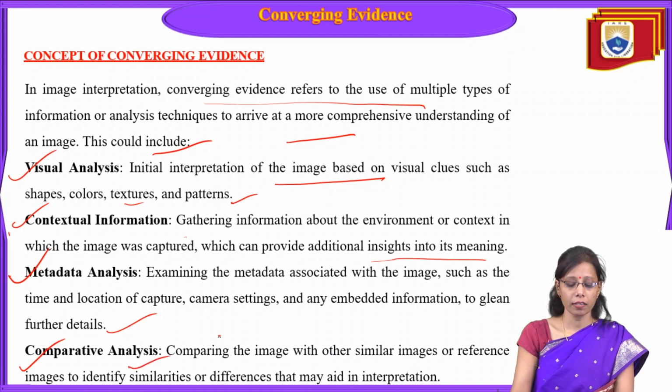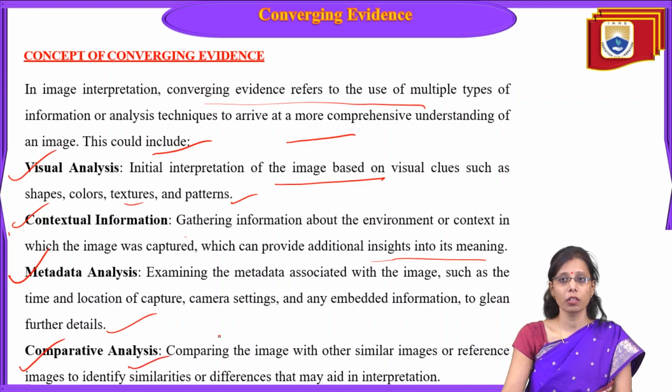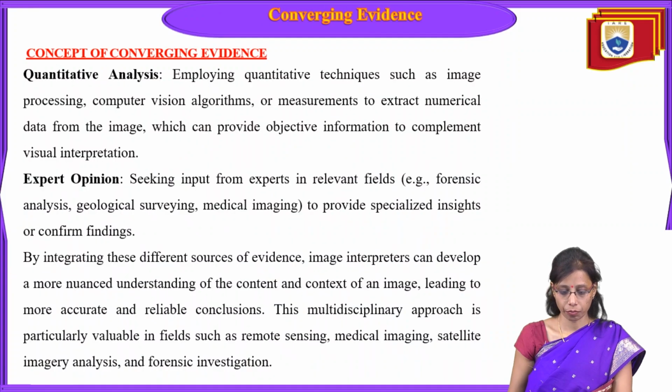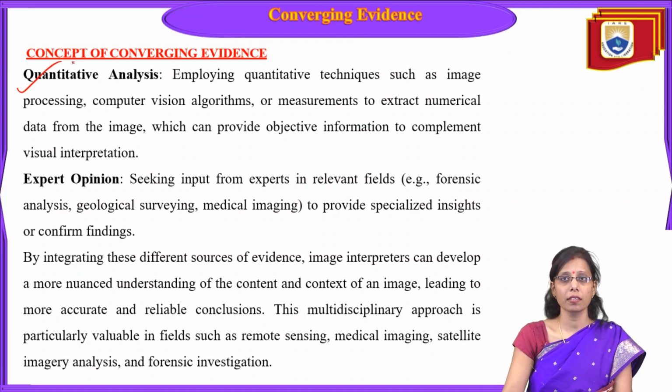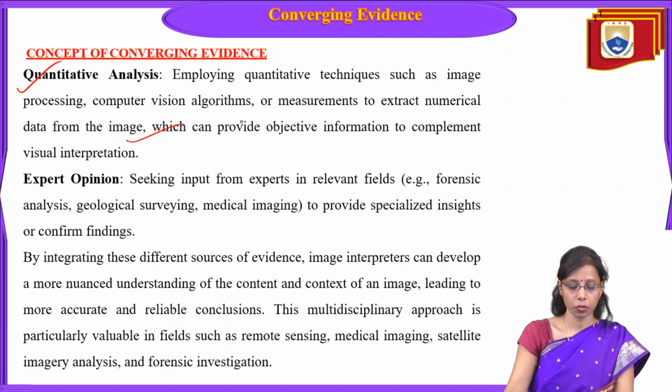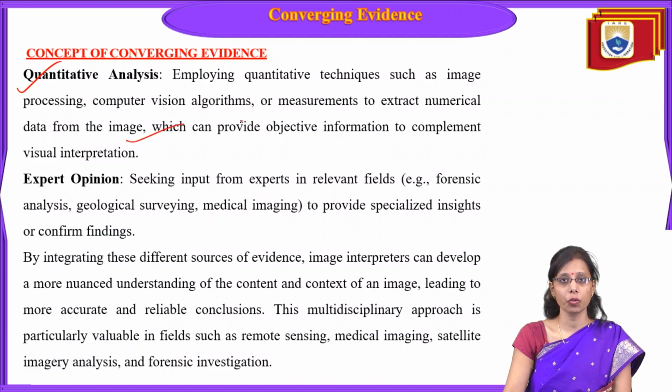Now comparative analysis is comparing the image with other similar images or references to identify similarities or differences that may aid interpretation. Next, we come to quantitative analysis. What is quantitative analysis? Employing quantitative techniques such as image processing, computer vision algorithms, or measurements to extract numerical data from the image, which can provide information to complement the visual interpretation.